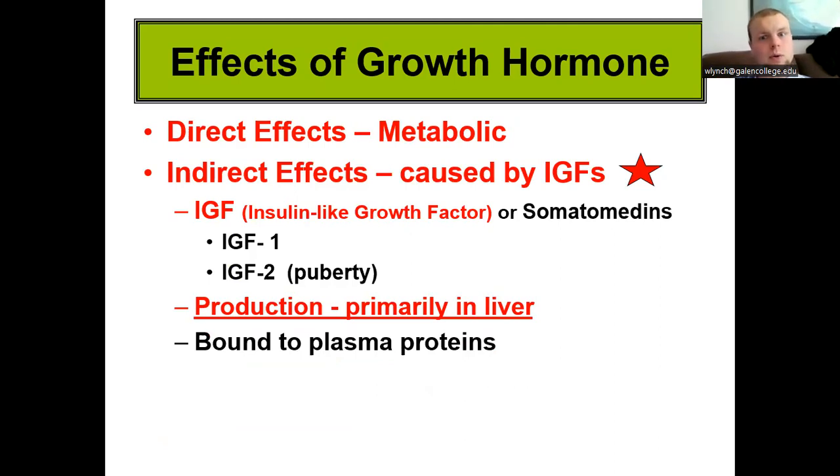Insulin-like growth factor 1 is what we will see in normal adulthood. Insulin-like growth factor 2 is going to be another growth factor that's going to be released during puberty or adolescence. Insulin-like growth factor is going to come from the liver, right? As we saw in our previous graphic, we have growth hormone stimulation of the liver production of IGF-1. It's going to circulate bound to our plasma proteins.